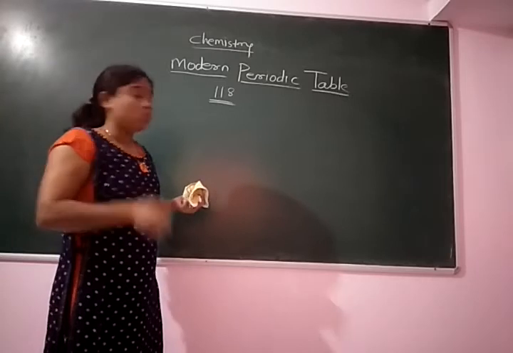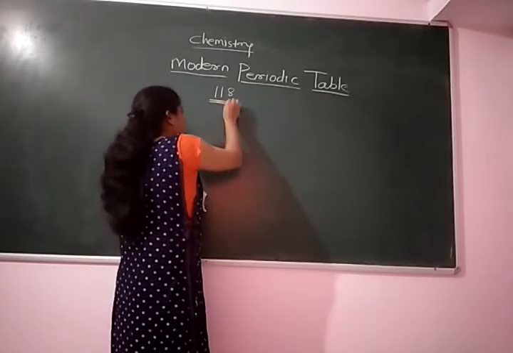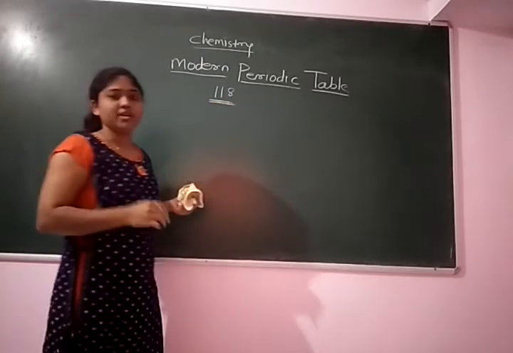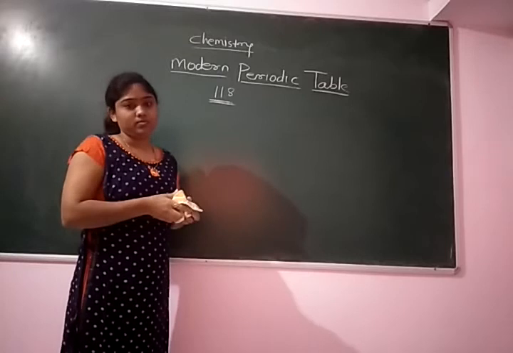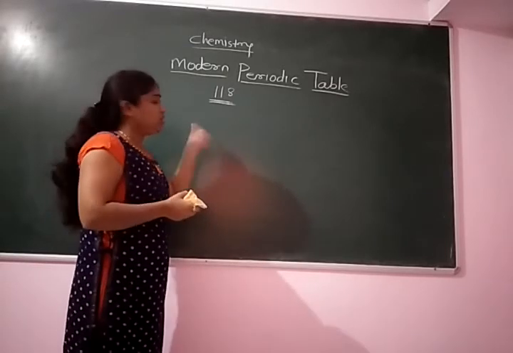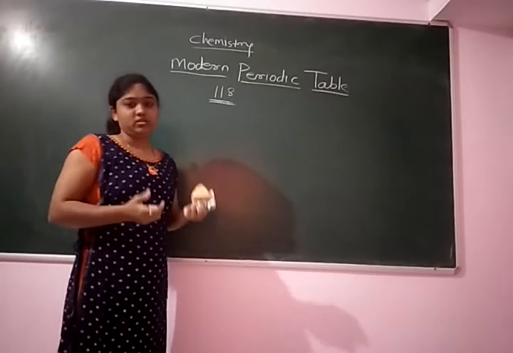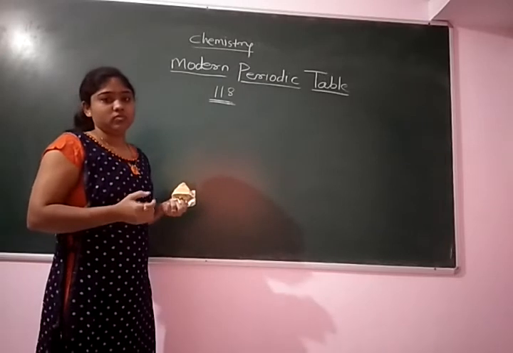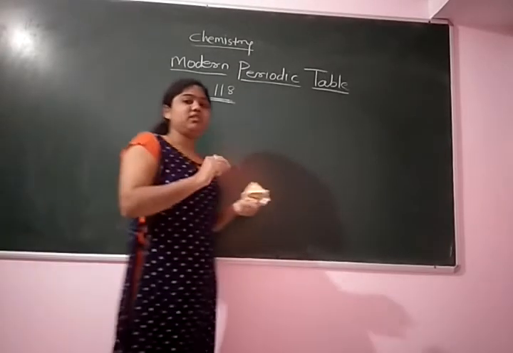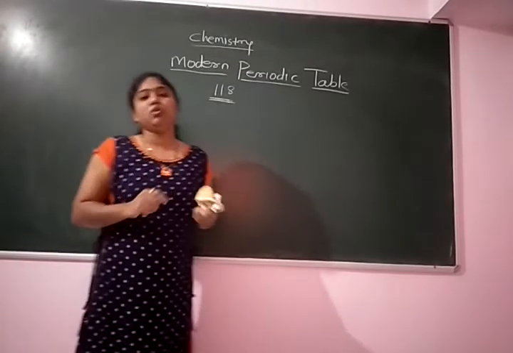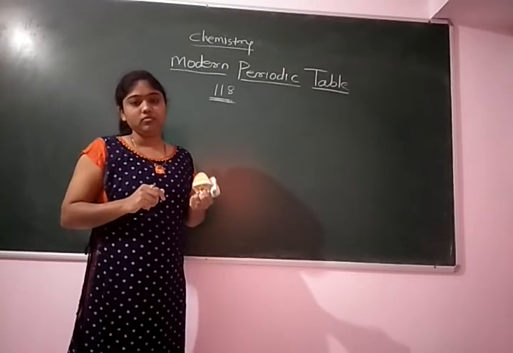As on date, 118 elements are known. These elements are classified systematically. It is necessary to classify these elements systematically in the periodic table.